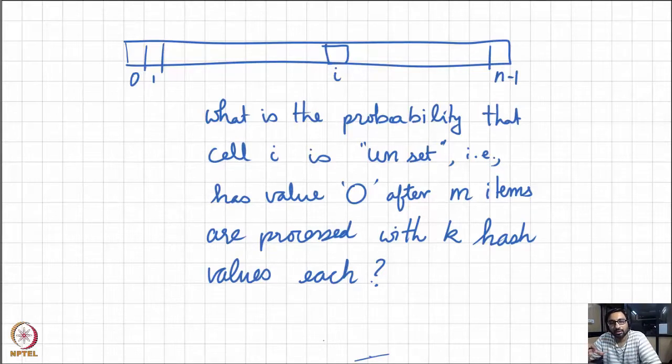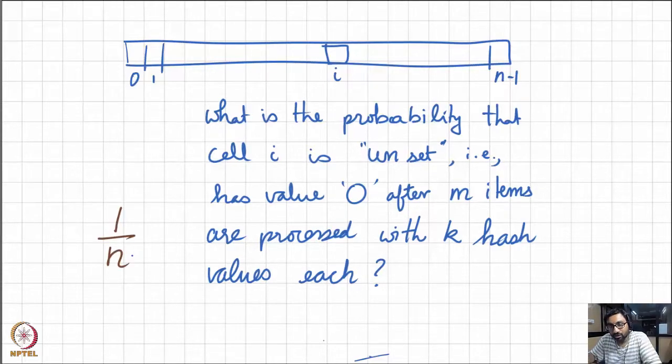None of the hash values so far have mapped any of the items to that particular cell so far. What is the probability of that after m items are processed and each item has been processed with k hash functions? Well, each of the hash functions will take us to that cell with probability 1 over n.